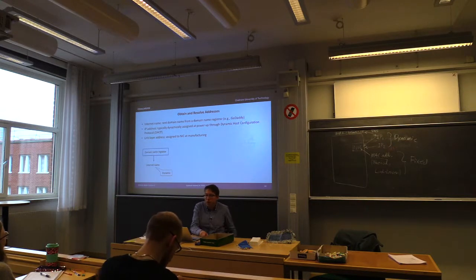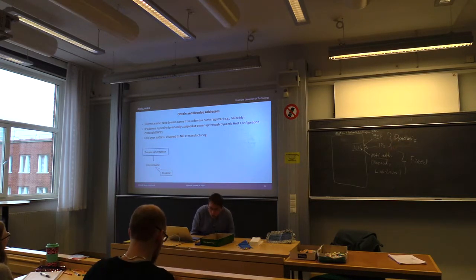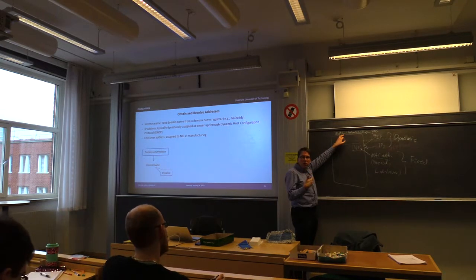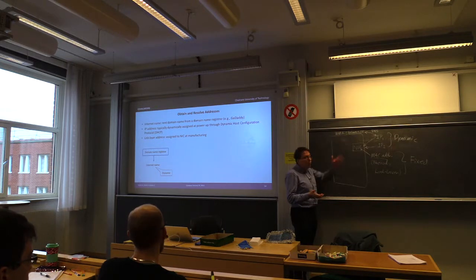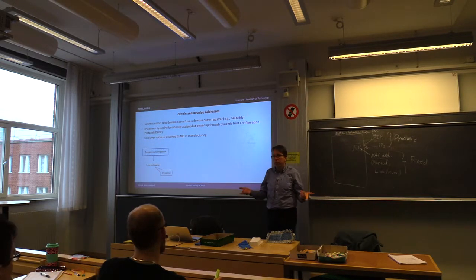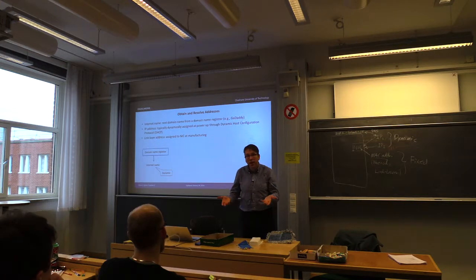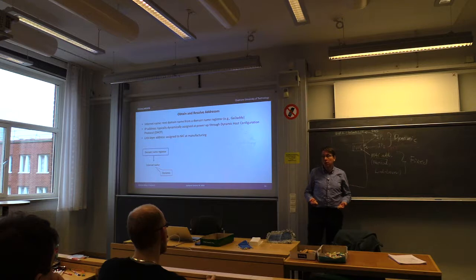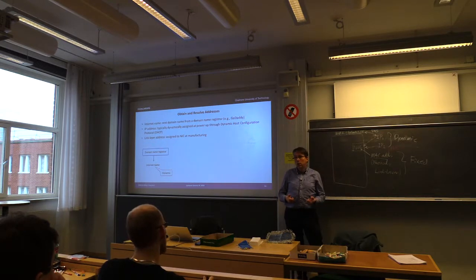How to obtain and resolve these addresses. For internet names, we had a question about this. How do we know this address? How do you get that? Well, basically you purchase a domain. So if you're Chalmers, you pay for having the domain chalmers.se.